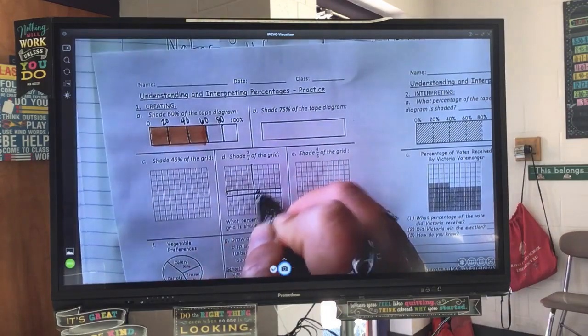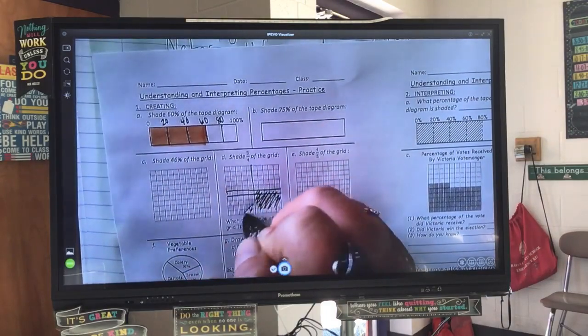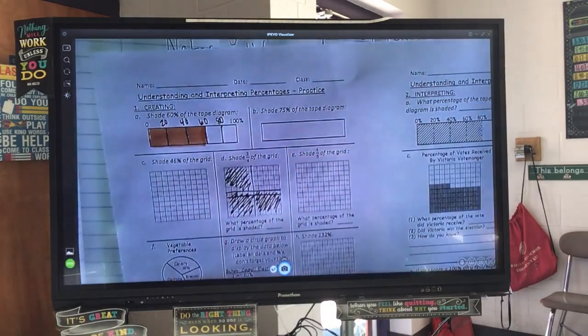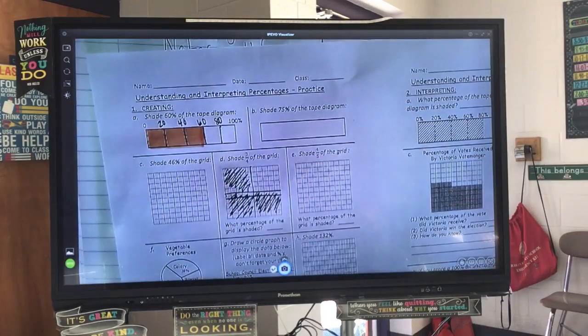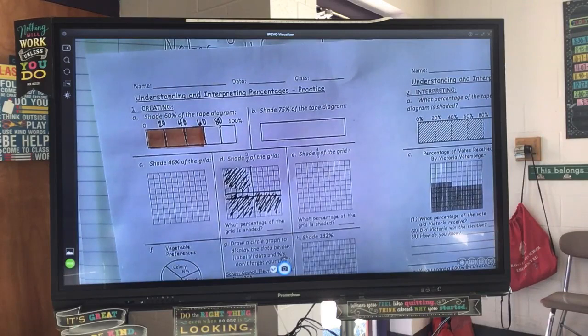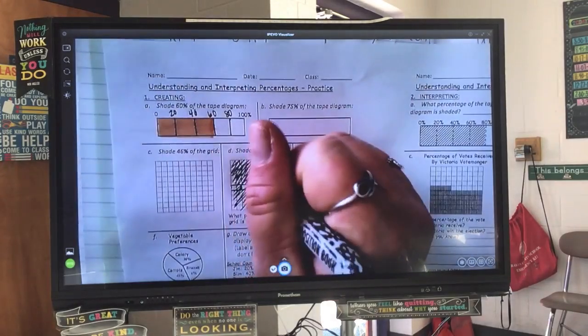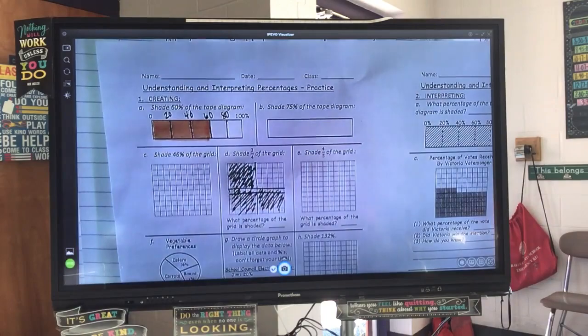And then you shade in this one, this one, and this one. Is that 3/4? Are they all equal? Why are we producing rocket science today? You see how much harder y'all made it? Don't make it so hard. Alright, go ahead, make sure you get this one copied down.